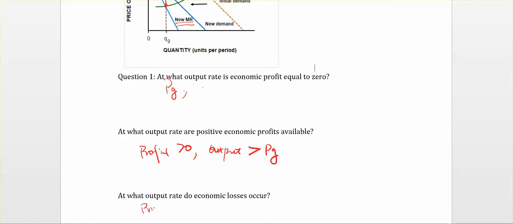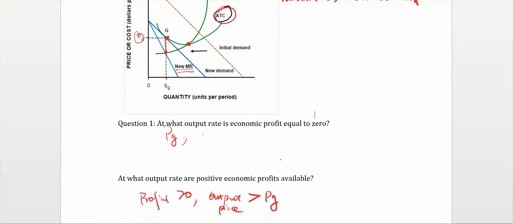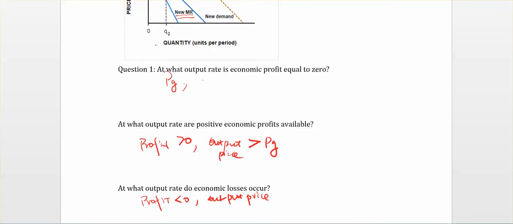The last question: at what output rate do economic losses occur? So the profit now is less than 0. So we want to consider the output price. Let's look at the graph again. At this point, PG, we have the profit equal to 0. And if the price decreases a little bit, we can find that at that point the company starts to lose profit.